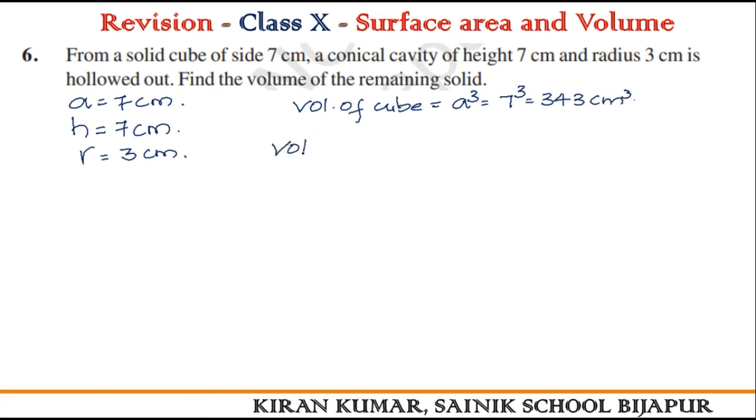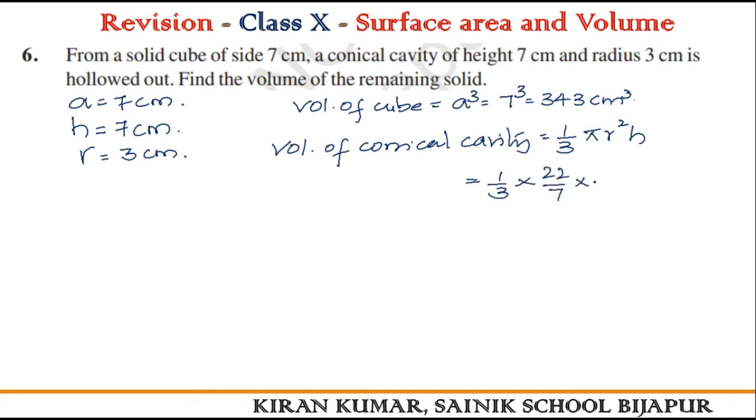Now I'll find out the volume of conical cavity. Volume of cone is 1 by 3 pi r square h. For the conical cavity, we have the height as 7 and the radius as 3. So 3 into 3 into 7. Here, one of the 3 gets cancelled, 7 gets cancelled. 22 times 3 is 66 centimeter cube.